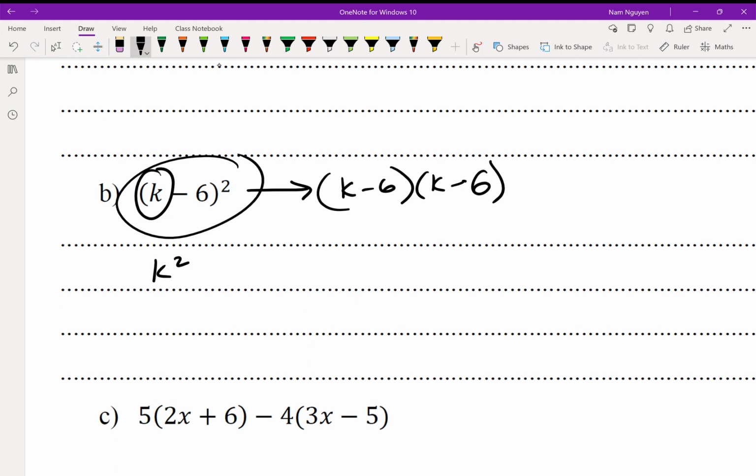Take this negative 6 and square that. Then do k times negative 6, and then times that by 2, which is 12. That's the answer. Cool.